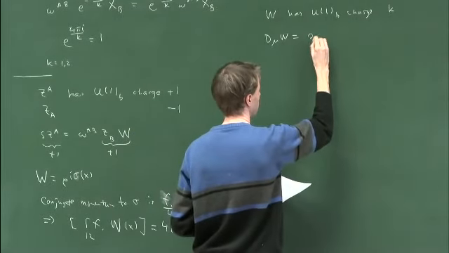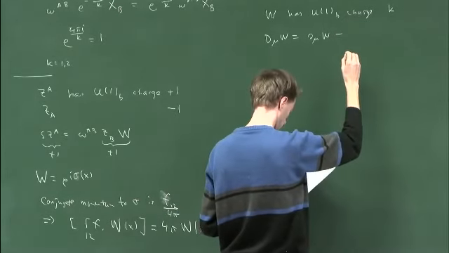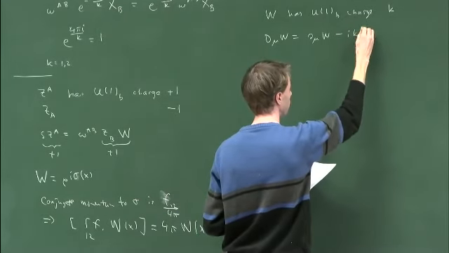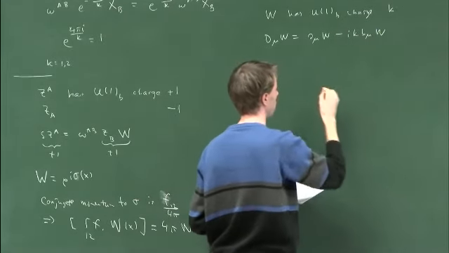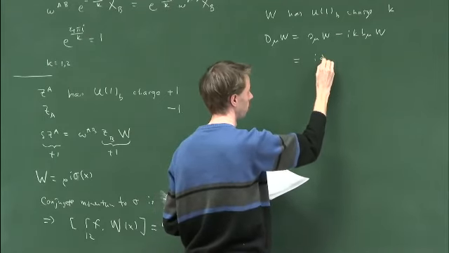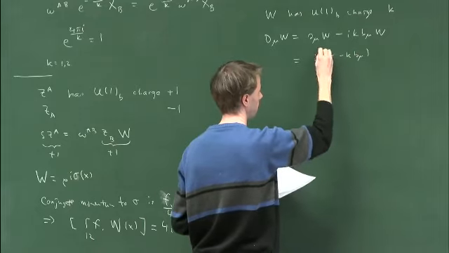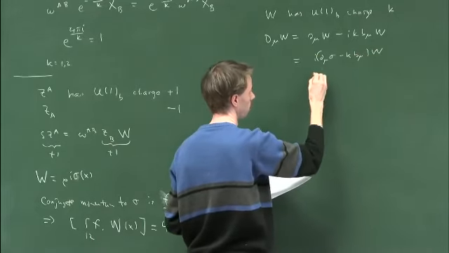So the covariant derivative is given by this, and acting on σ here, I bring down σ, so it becomes this, and this is by definition 0.